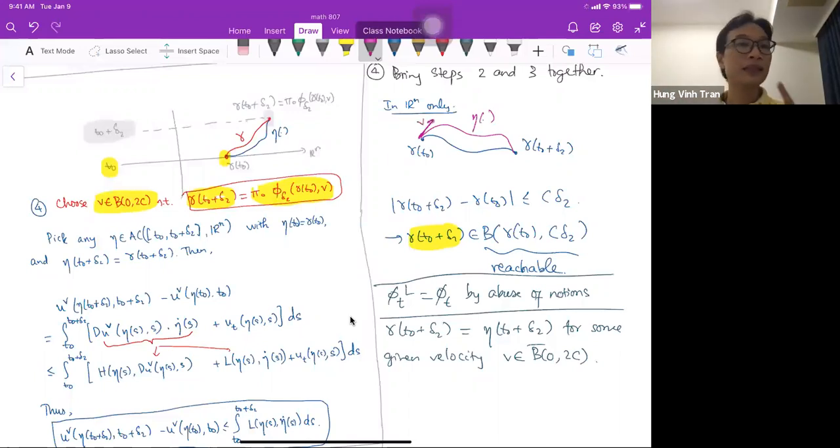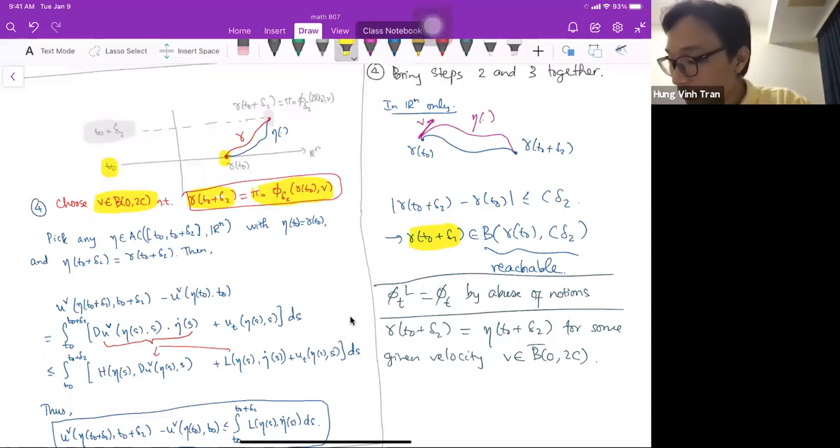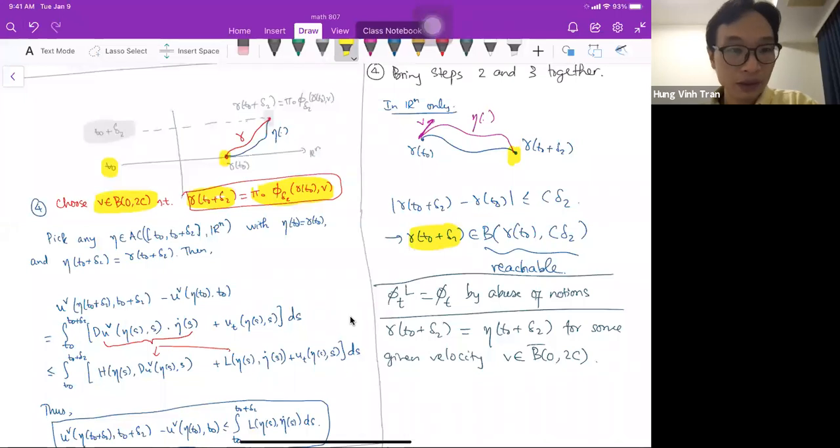So what it tells me is that I can go with some given velocity v somewhere. I don't know what the velocity v is. I just know that it's bounded by 2c. So if I start the Lagrangian flow with the velocity v, then I can reach the same endpoint, gamma t naught plus delta 2. Okay, so that's step 2 that we are using.